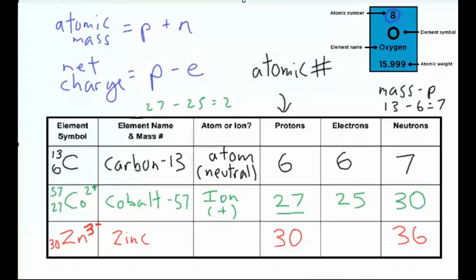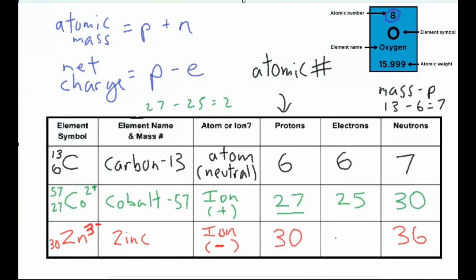And again, we already identified this is a 3 minus charge, so this one is definitely an ion, a negative ion, which is called an anion. All right. Also, before we said that there has to be 3 more electrons than protons to make it a -3 charge.